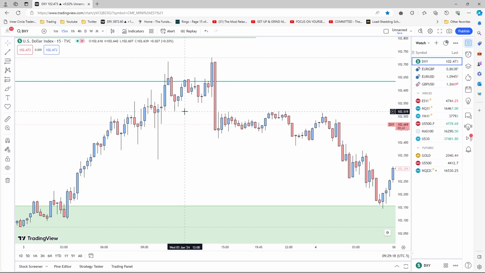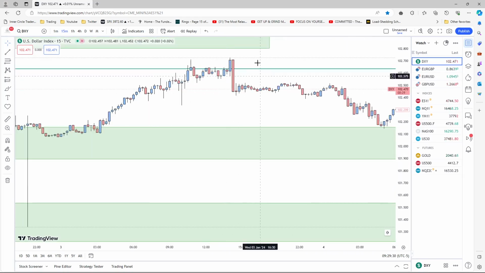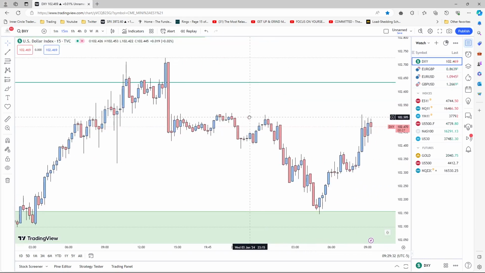And as you can see, price tapped into that level quite a few times, but never rallied away from this level. Just ultimately hung around this level and started trading down lower, lower, and lower. Basically consolidating around this level before dropping down.